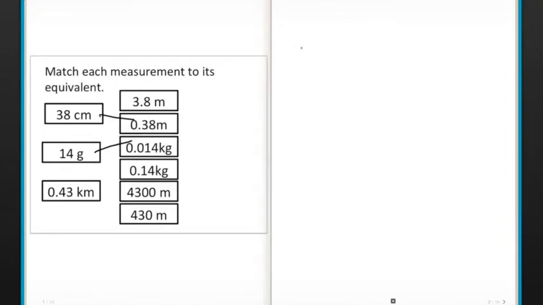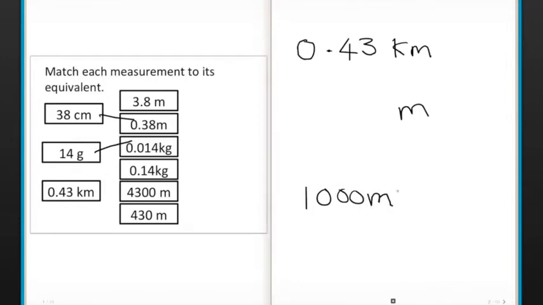Last one, I've got 0.43 kilometres. And I'm going to metres because both options are in metres. So 1,000 metres, remember kilo means 1,000, equals 1 kilometre.